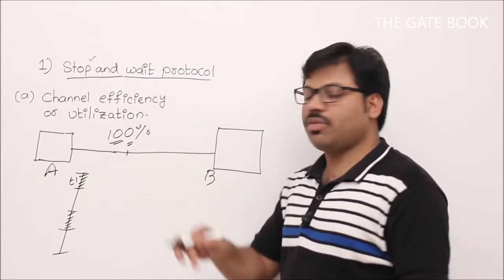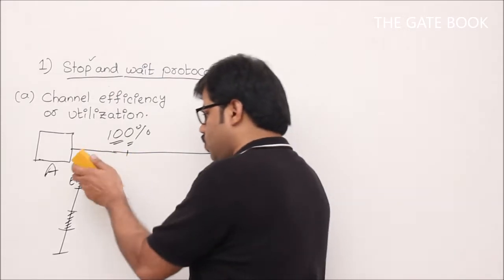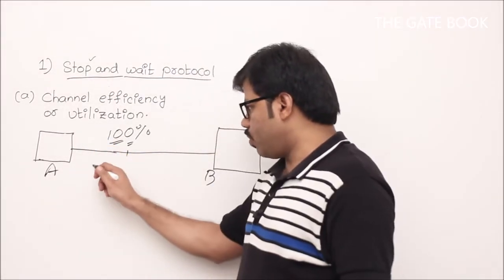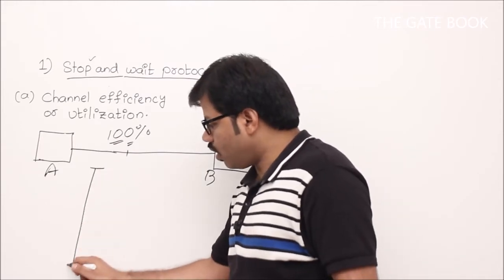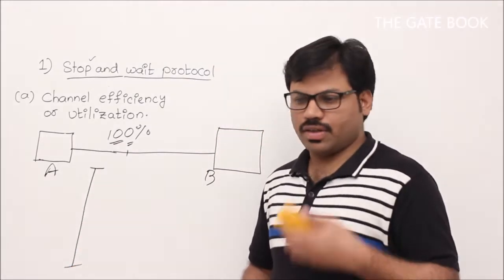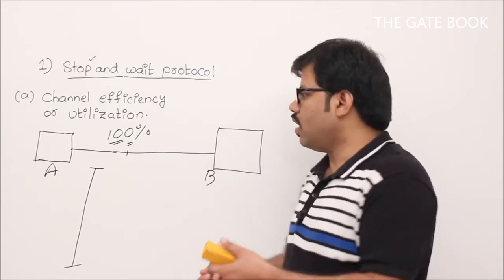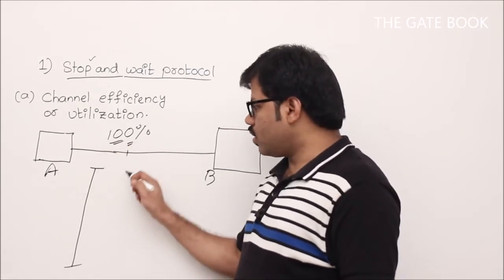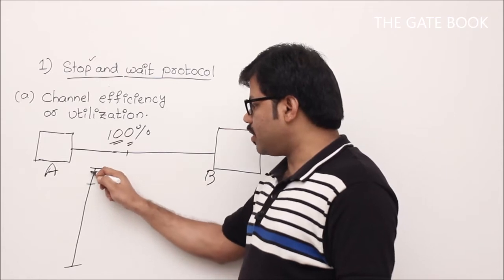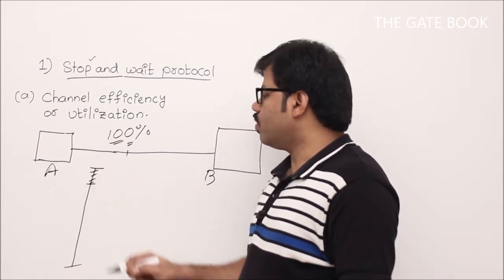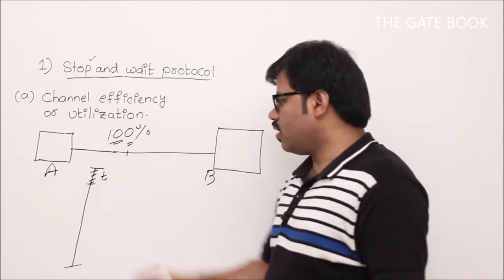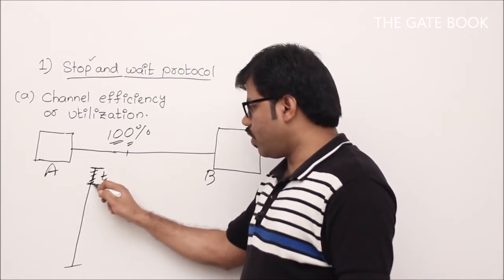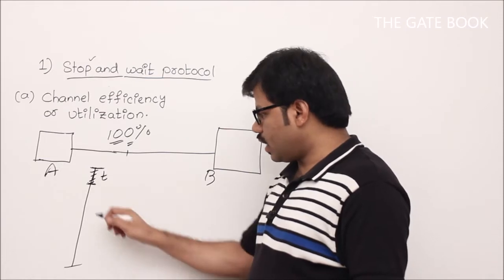But because of the stop and wait protocol, what is happening is this. Over a period of time, you observe the stop and wait protocol. Assume, for simplicity, that there is no error. Assume this is the transmission time, T. Then your sender sends a frame for T time, and then he will wait for the acknowledgement.